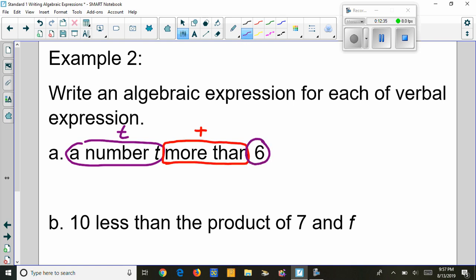Now, there is one piece back in the chart that I want you to look back at. Whenever we use more than, it tells you that you need to reverse the order in which the information is given. So even though t is written first, we're going to start off with the 6. So I'm going to say 6 plus, and then t.